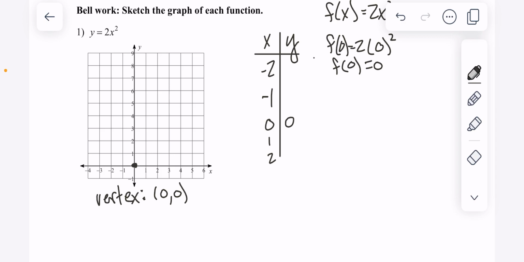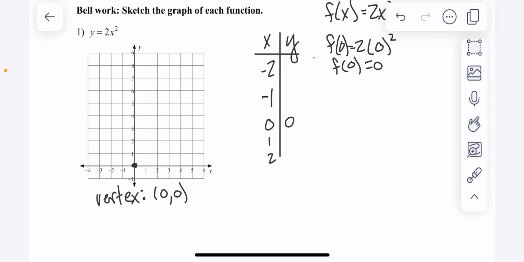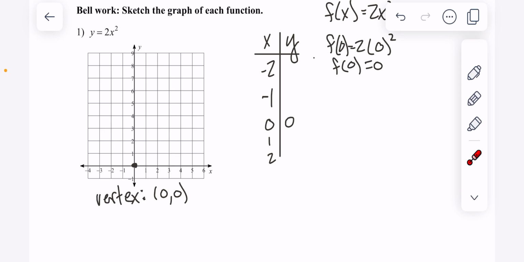Well, 0 times 2 is still just 0. Now that's not going to be true if I'm adding or subtracting, because 0 plus 2 is no longer 0, it's 2. But if there's nothing adding or subtracting to my quadratic, my vertex is 0, 0.